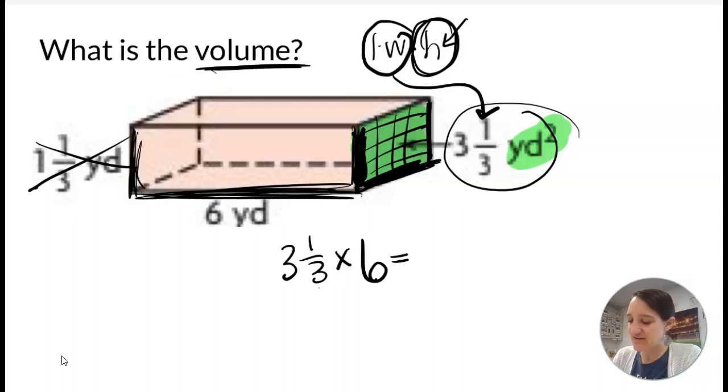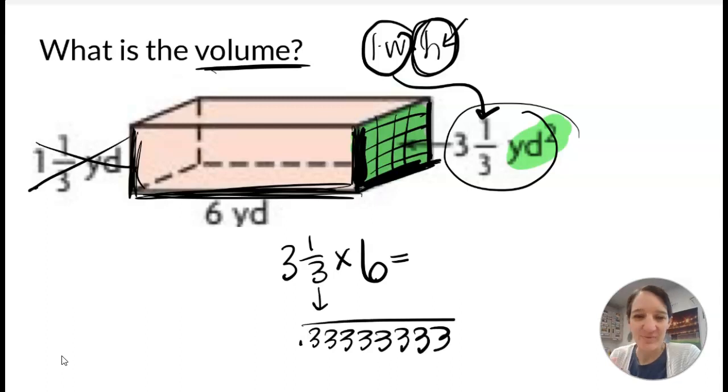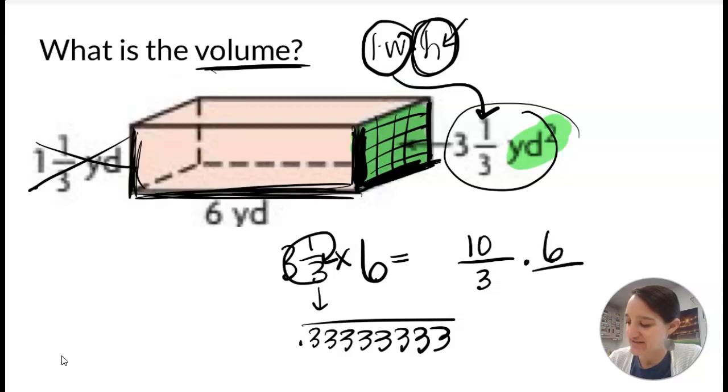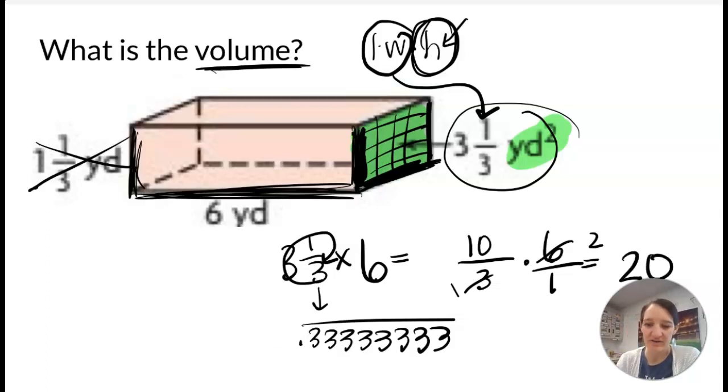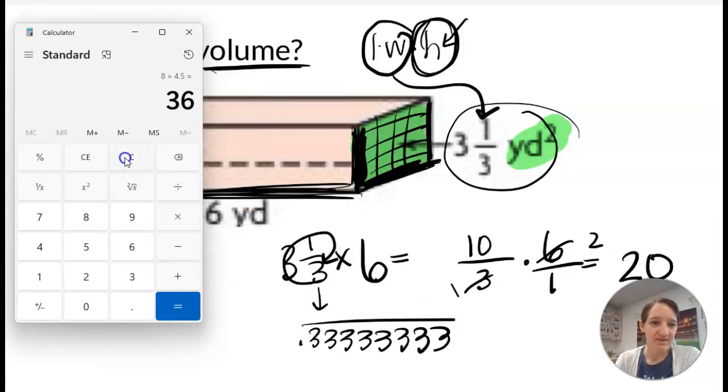Okay, now this one's kind of hard to put in a calculator because it's 0.333333333, it goes on forever, correct? I don't want to put that on my calculator because I'll be here all day. So I might just go around the world and get 10 thirds times 6 and simplify that, and I get 20. Now let me show you what would happen if you tried that on a calculator. If you did 3.3333333 times 6, you would get, oh look, it got to 20.